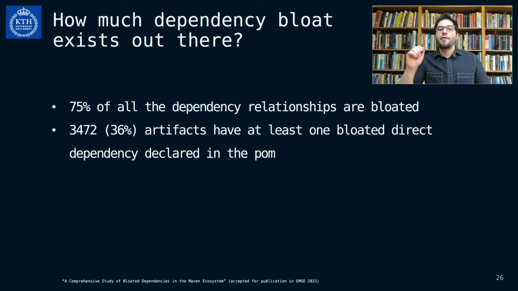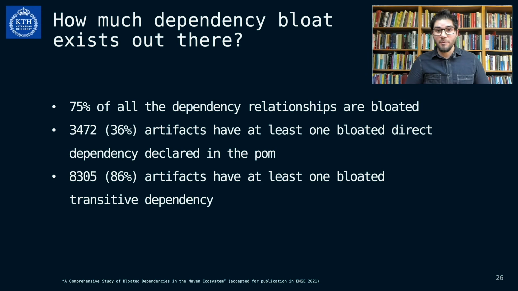Also, 36% of artifacts have at least one bloated direct dependency declared in the POM. And 86.2% of artifacts have at least one bloated transitive dependency induced by direct dependencies.